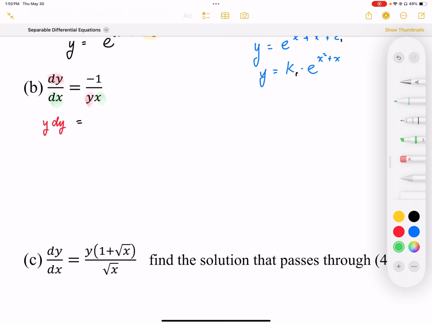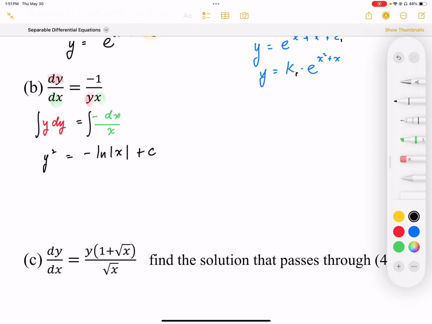On the right-hand side, the x stays in the denominator, so I get negative dx over x. Integrating both sides, I get y squared is equal to negative log x plus c.